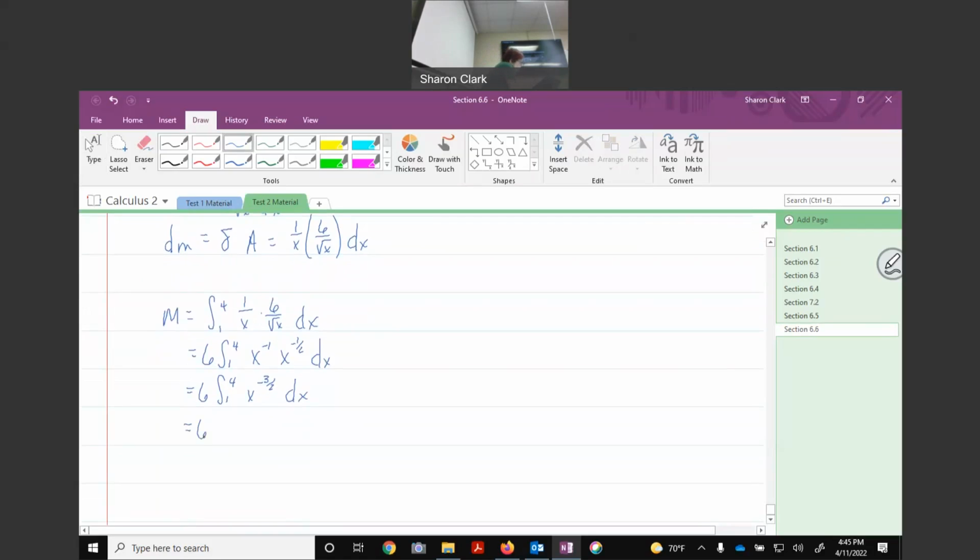So that's 6 times x to the negative 3/2 plus 1 over negative 1/2 from 1 to 4. So that's going to be negative 12 x to the negative 1/2, 1 to 4.